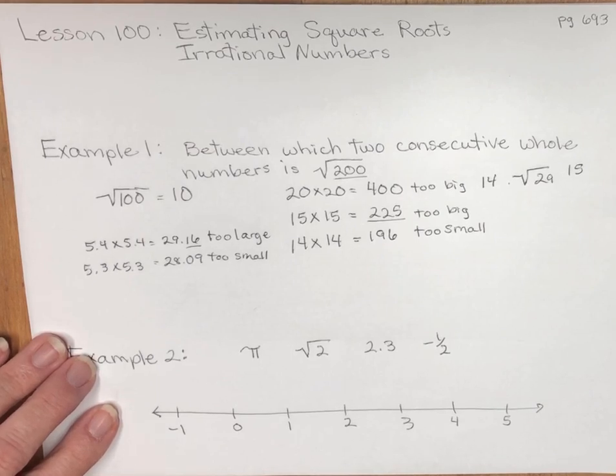So actually, the square root of 29 is a number that cannot be exactly expressed as a decimal or a fraction, and therefore it is not a rational number. Rather, the square root of 29 is an irrational number.